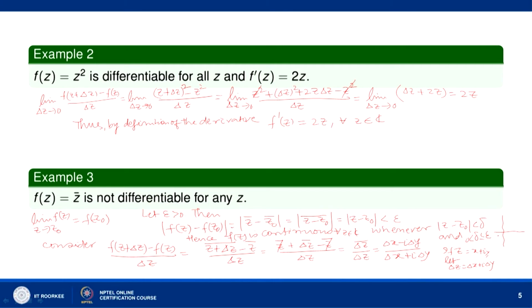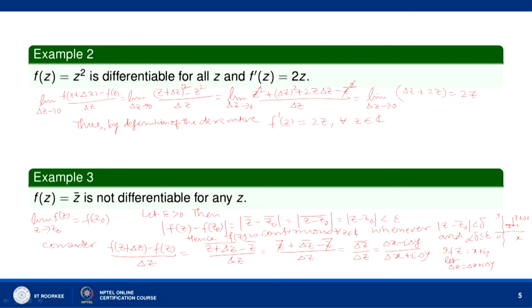Now, what we do is suppose this is your complex plane, here is the point z and here is the point z plus delta z. So, what we do, we first move down parallel to the y axis till we reach this point here.